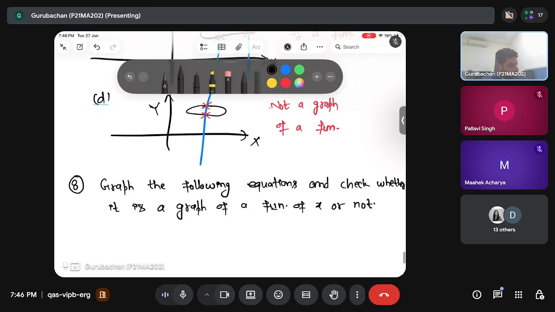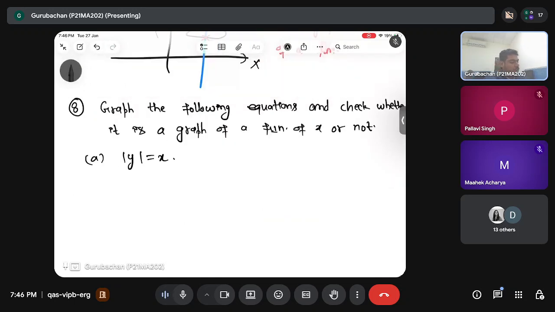So the first equation I'm giving you is mod y equal to x. Draw the graph of this equation, then tell me whether it is a graph of a function or not.